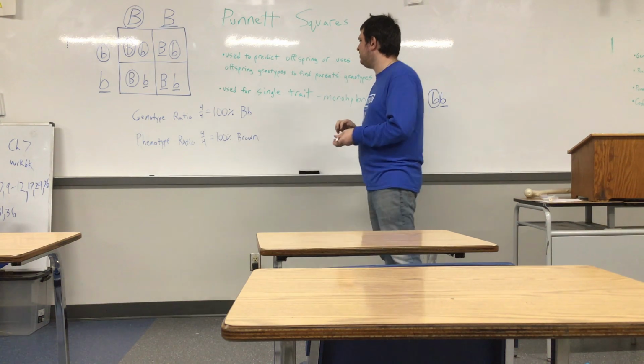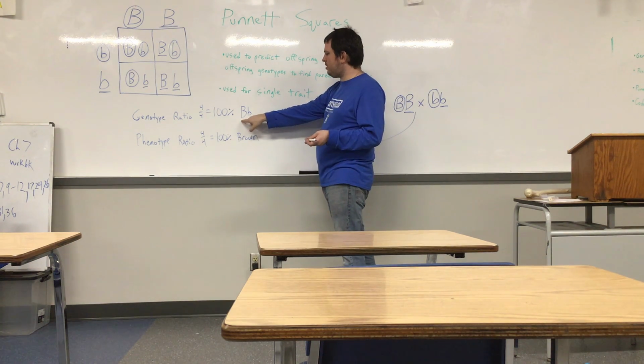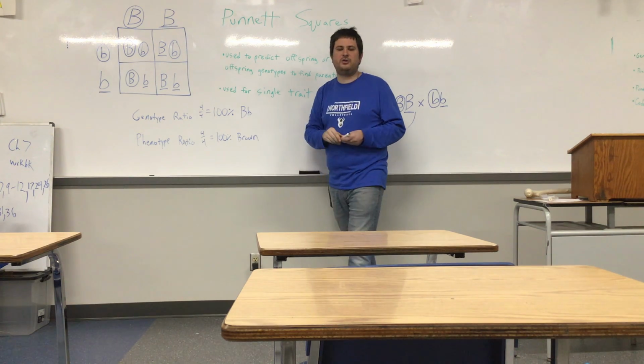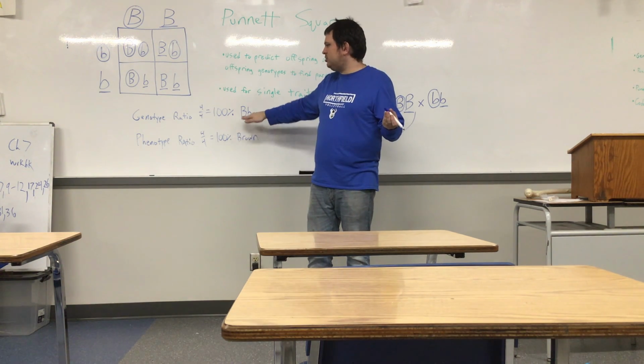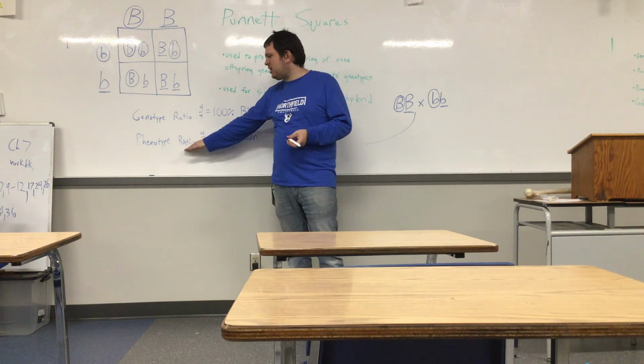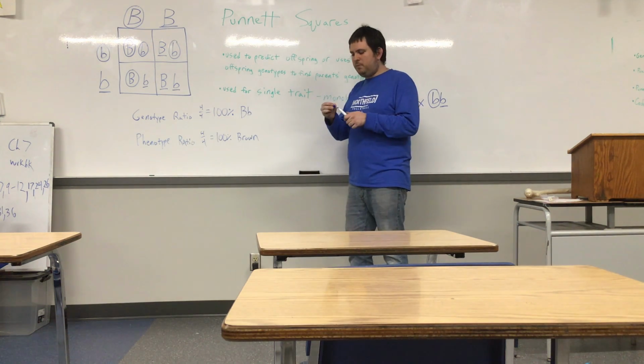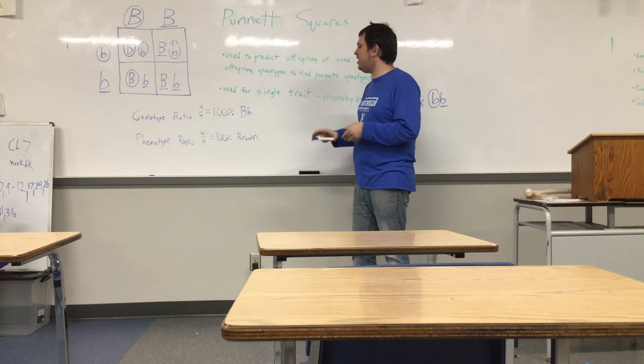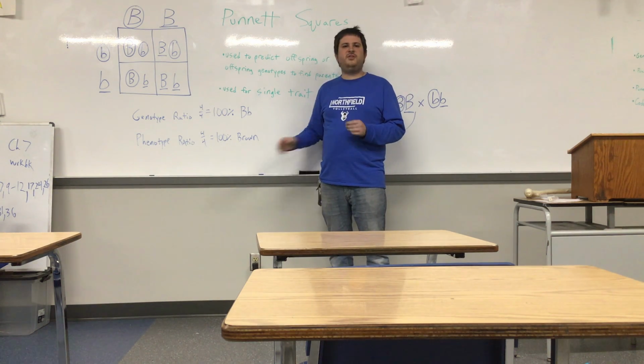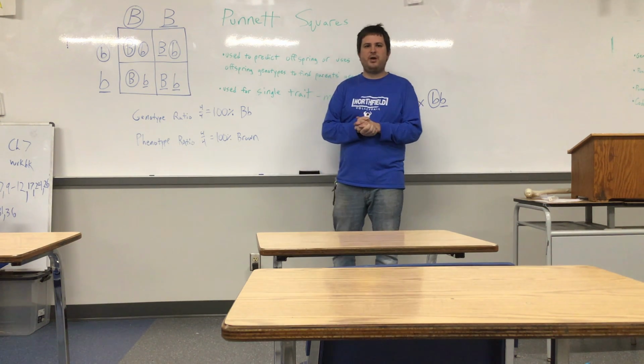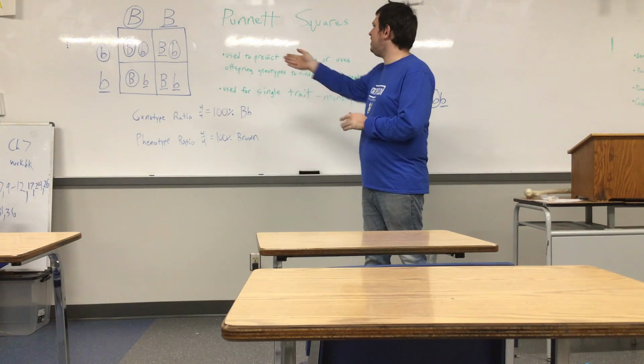What happens if instead of 1 capital letter and 1 lowercase letter, if you have 2 capital letters? What does your genotype look like? What does your phenotype look like? That will be video 4. If you still need some practice, video 3 will be practice on different Punnett squares.